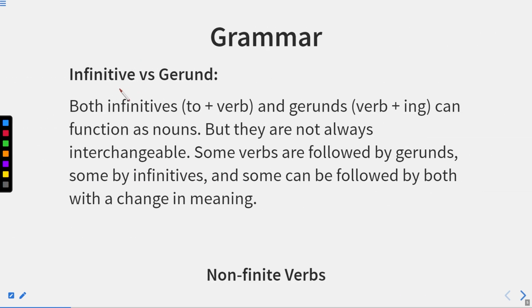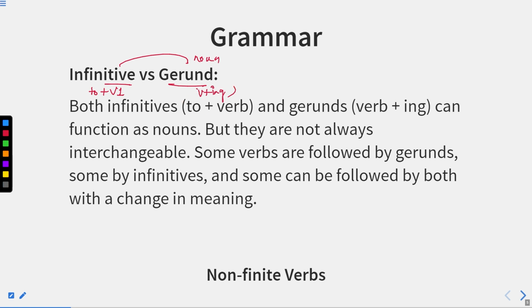First of all, we'll discuss infinitive versus gerund. Now we know well that both of these are non-finite verbs. Also, both of these behave like a noun, and infinitive is to plus verb 1, whereas gerund is verb plus ing.